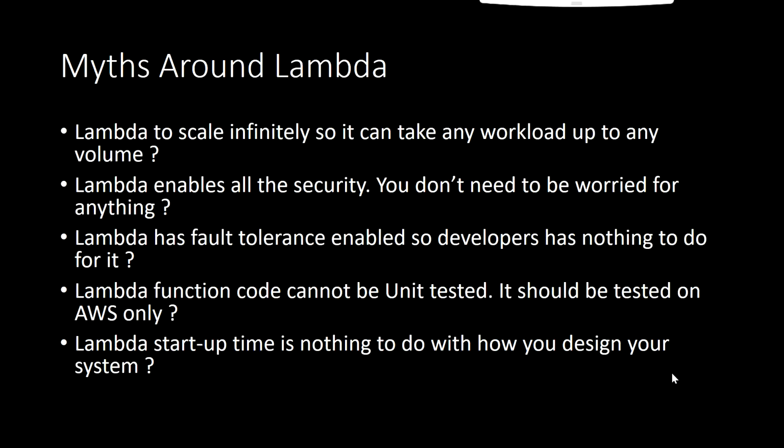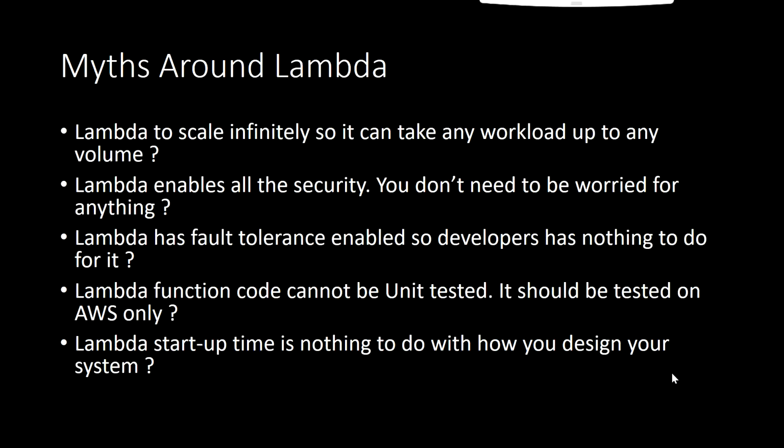For your information, Lambda runs on a shared VPC in public, which can be shared by many other Lambdas running from your organization or from other organizations. So you have to design your application or your system in such a way that it is more secure and cannot be hacked by any other system.